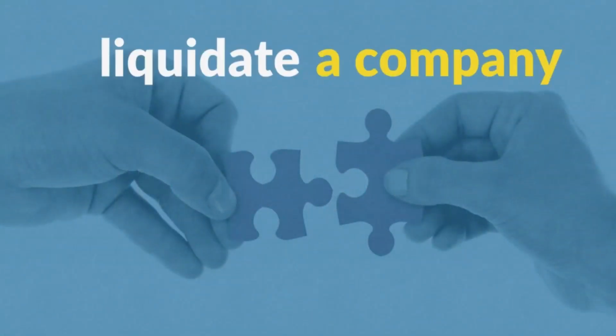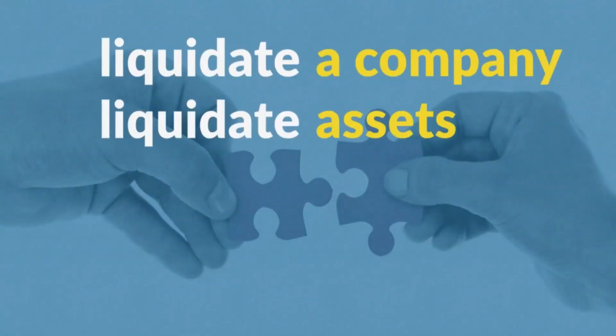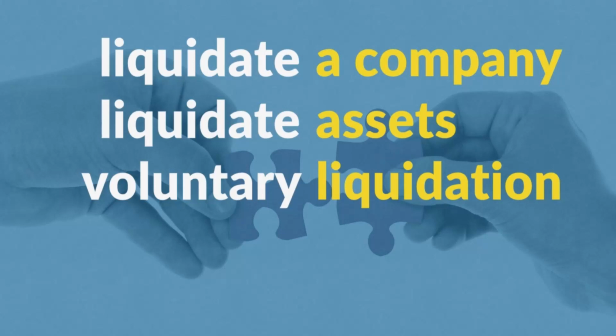Some common collocations: you liquidate a company, you liquidate assets, so you turn assets into money. And we talk about voluntary liquidation. So when a company decides itself to close down, it's a voluntary liquidation.